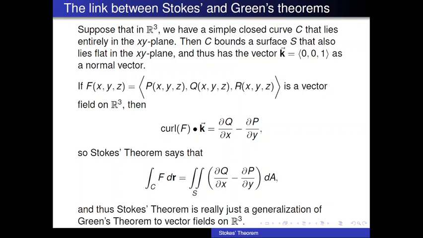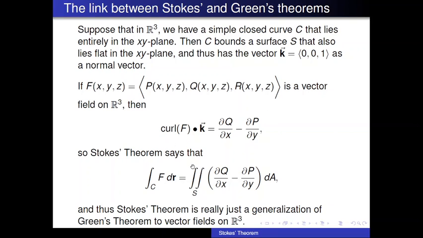Okay, but then if we have some other vector field, big F, on space, then to compute the surface integral over our surface of the curl of this vector field, well, recall that the third component, what we get when we take the dot product of curl with k, is the third component of curl of F. But recall that that was exactly the integrand from Green's theorem.